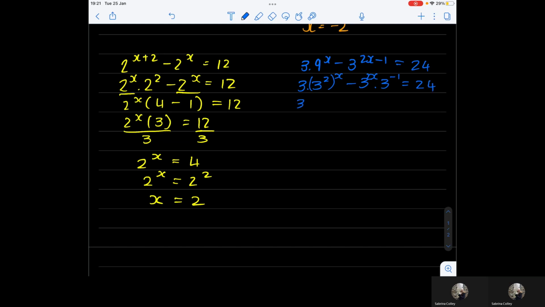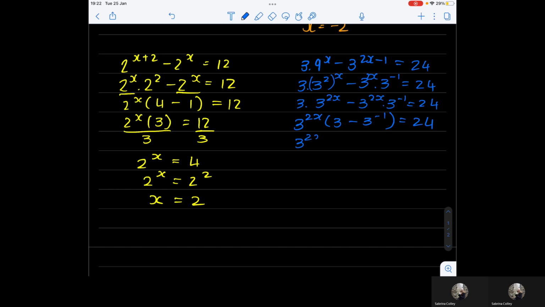Now I can see I've got 3 to the power of 2x as a common factor here. So let me take it out. I've got 3 minus 3 to the power of negative 1 equals 24.